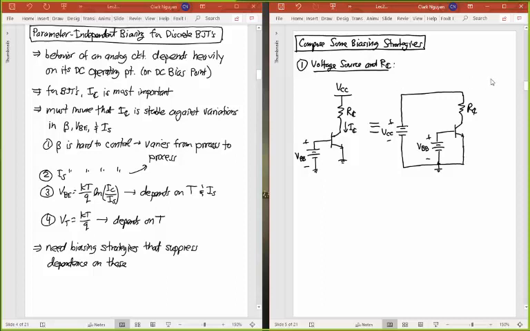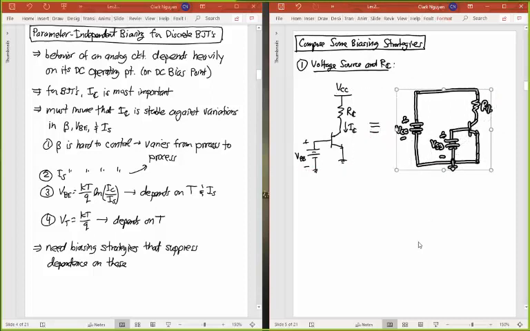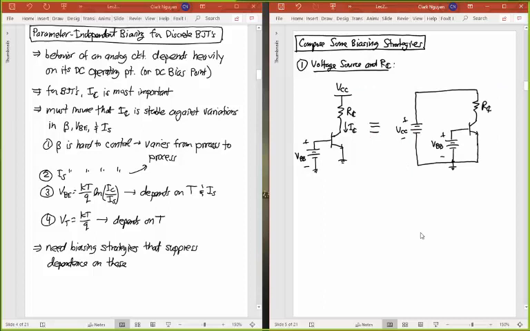And so I'm just showing the equivalence between what I drew on the left and what I drew on the right. And I'll just emphasize that we will be drawing everything like what's on the left from now on in this class. We're not going to draw the details of the batteries and that sort of thing because it saves us time. And so in this circuit, we could start analyzing this fairly quickly, so that this collector current right here, immediately I can write the equation for that.